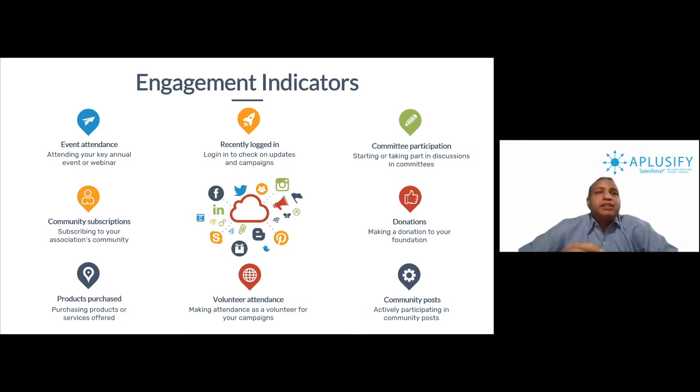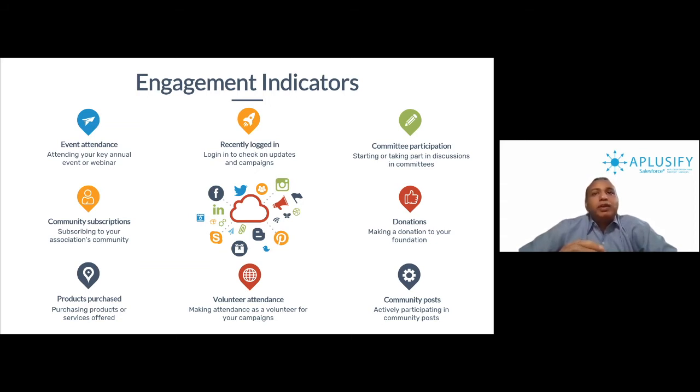So indicators can be events that you hold throughout the year, and event attendance, on who is attending and how many are attending, is one of the indicators that you can take. An active member is one who is attending a lot of events. A passive member is someone who is not attending any event, right? So event attendance is one of the indicators you can take for engagement.